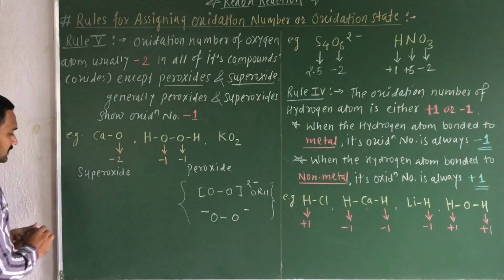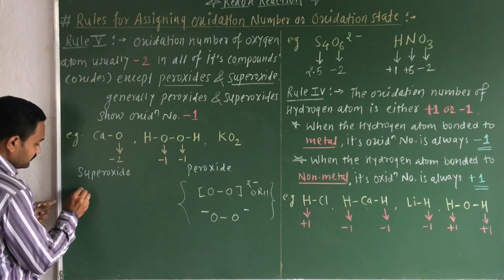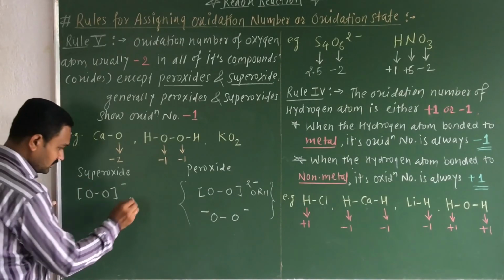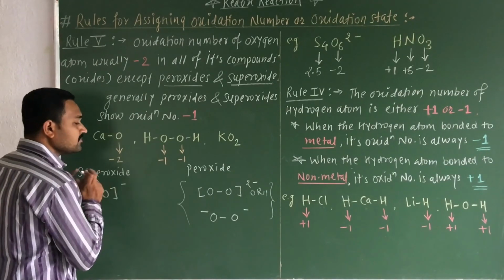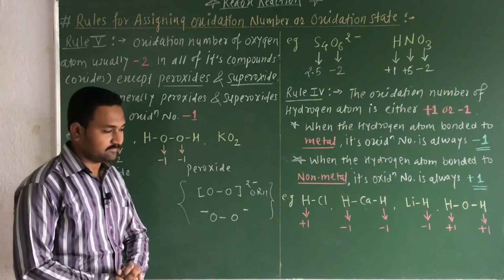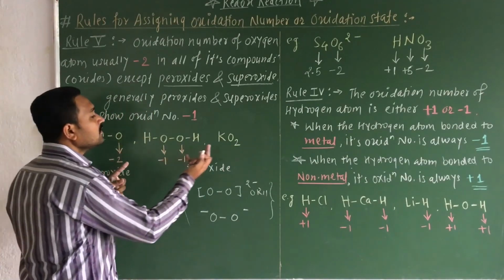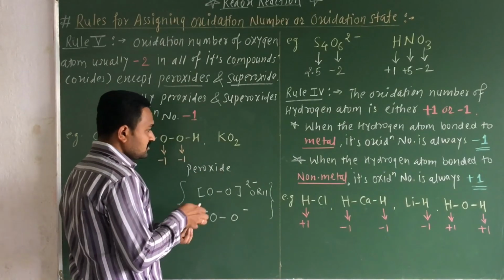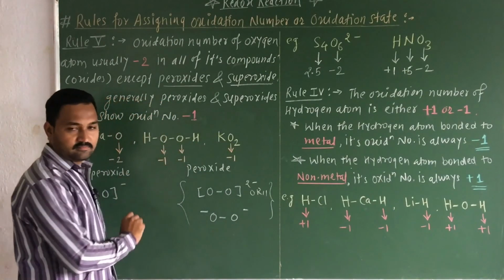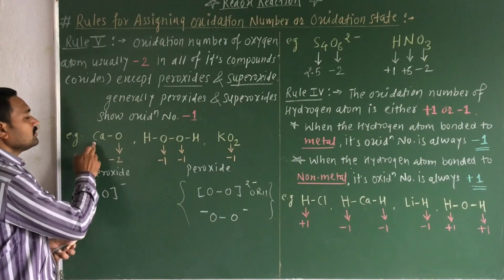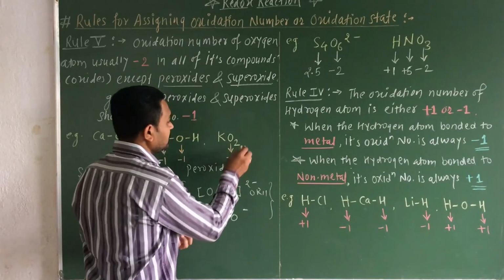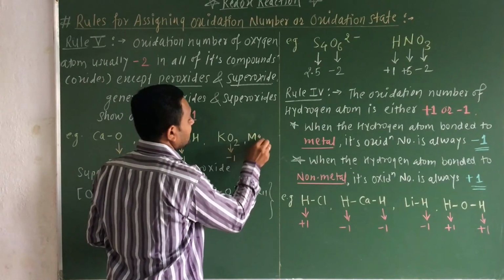Now let us consider again very simply, O2 single minus, which is nothing but the superoxide. And now this is the example of your superoxide. Remember here obviously the oxidation number of your oxygen atom will again be -1. Okay, not -2.